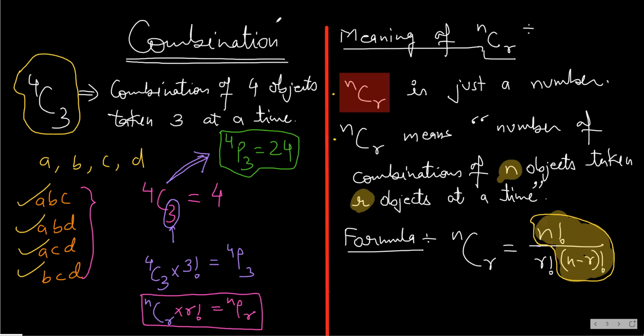Now here I have r factorial, I multiply this r factorial on the other side, cross multiplication. So it will become nCr into r factorial equals nPr. Please write this formula also. This is also a very important formula. Please write this formula: nCr into r factorial is nPr.